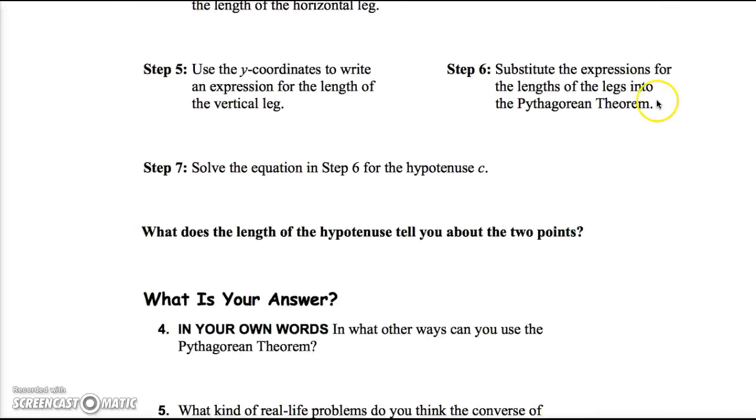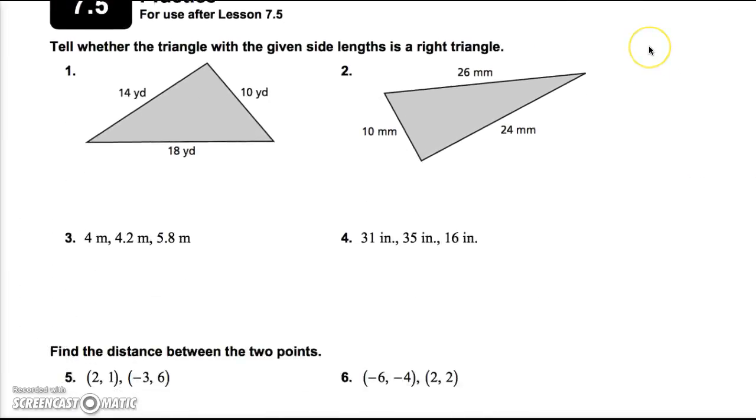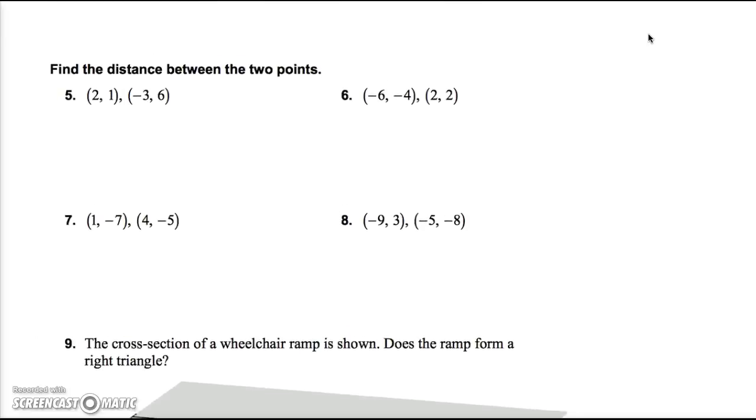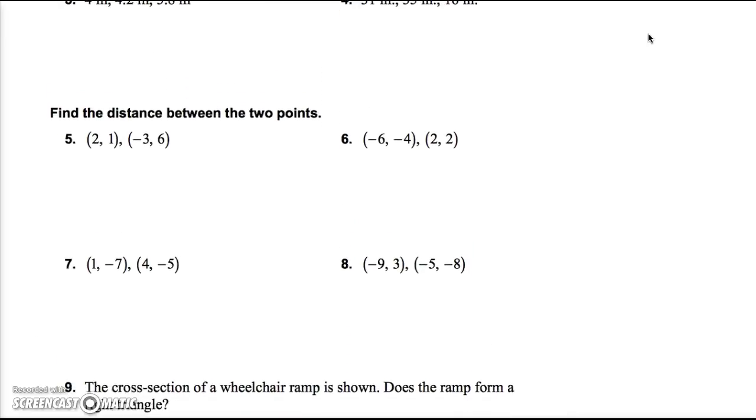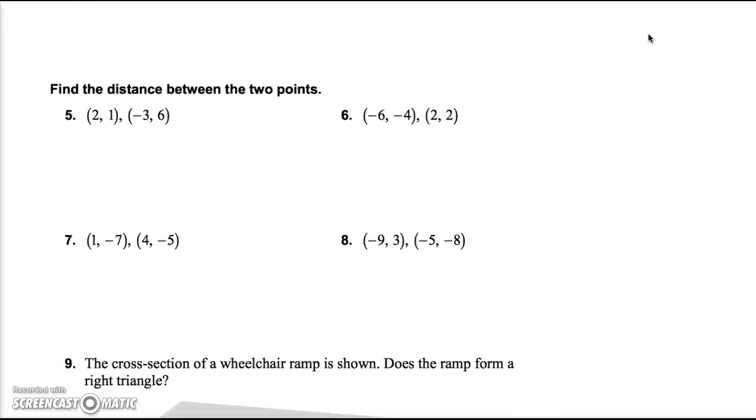So if I come back over to the practice page, down on number 5. Okay, they've just given you 2 points. There's no graph paper. You could make a graph if you wanted to, but again, it may create more work for you than what you really need to do. So first of all, let me give you the formula, and you can write it over here to the side.